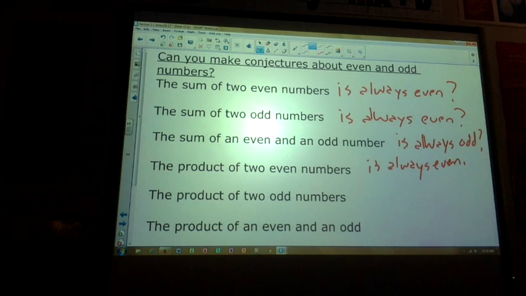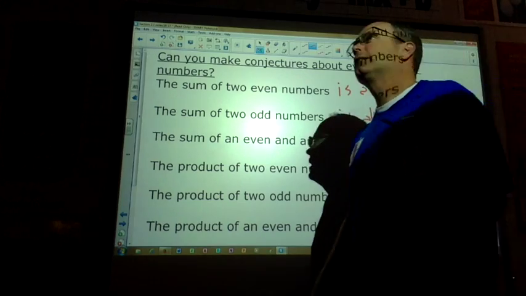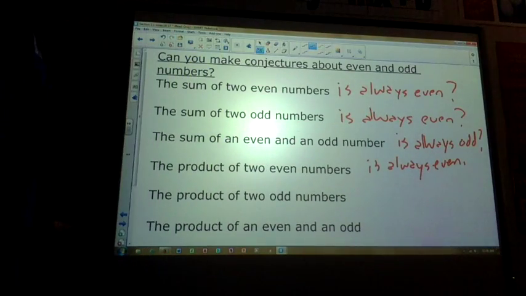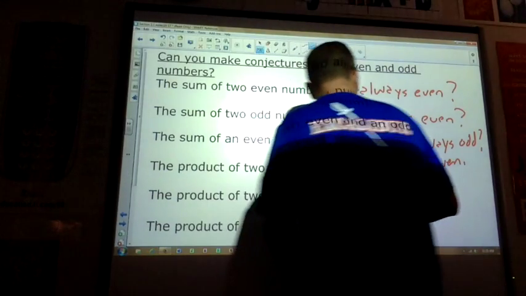The product of two odd numbers, 3 and 7, is 21. What about 5 and 9? 45. So the product of two odd numbers is always odd? Maybe? I don't know.